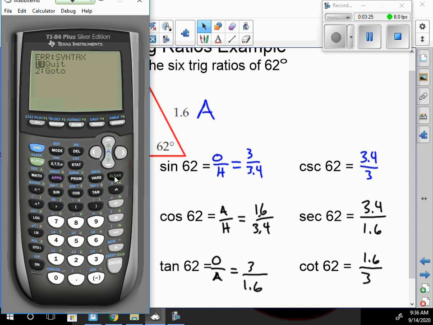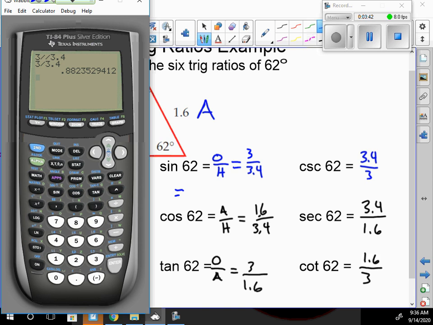Let's try that again. 3 divided by 3.4. That's better. And you'll see here that this is a decimal that runs on. So let's go ahead and round it off to the 4 places because I don't have any more calculations left to go.